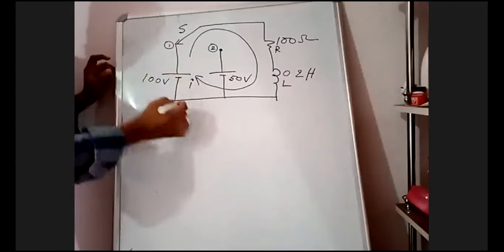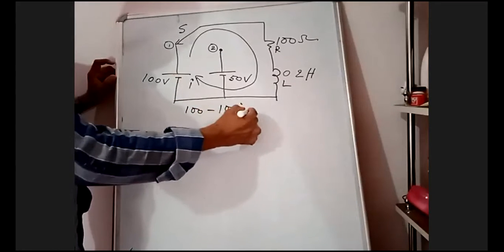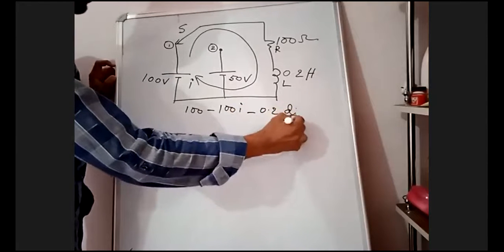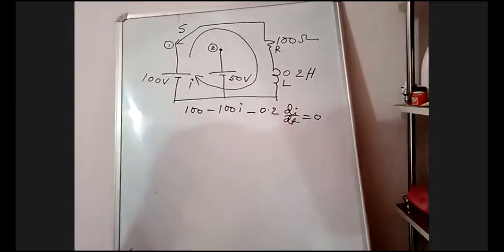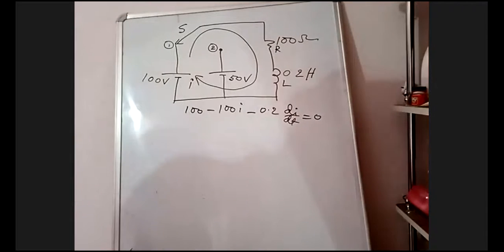That is 100 minus 100I. See that equation? V minus IR minus L into di by dt. Now what will you do?